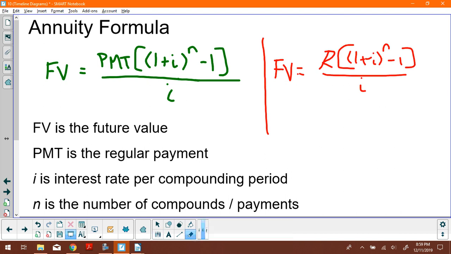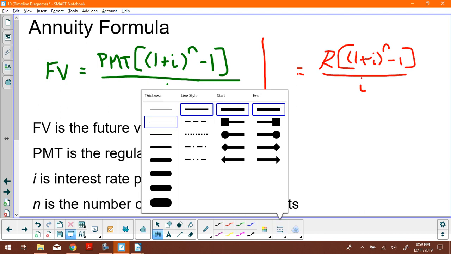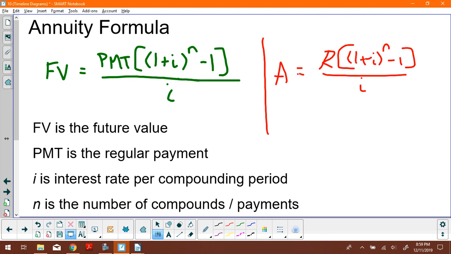Or I've seen the formula using the A from the compound interest formula, the same idea. The final amount of my annuity is equal to my regular payment, and then times the rest. They mean the same thing. I kind of like the one that I've written in green, simply because it reminds me what piece is what. PMT stands for payment, that's pretty straightforward. FV is future value. But you might see that other formula in the textbook.